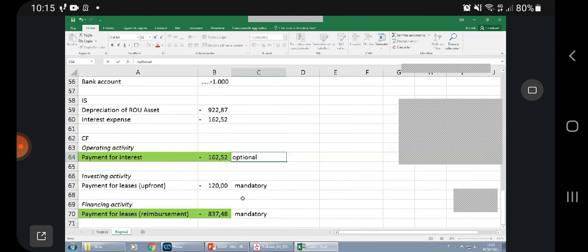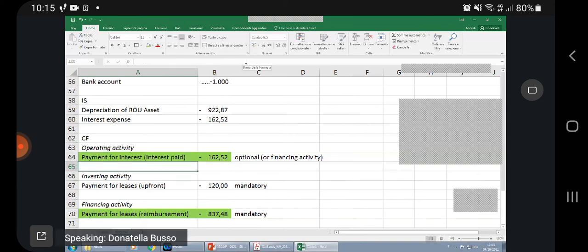Otherwise, it would be possible to use financing activity, because this is a payment due to a debt, but the most common presentation of interest paid is within the operating activity. Payment for interest, or of course, if you want, it is quite common in the cash flow statement to read interest paid. Is this clear?